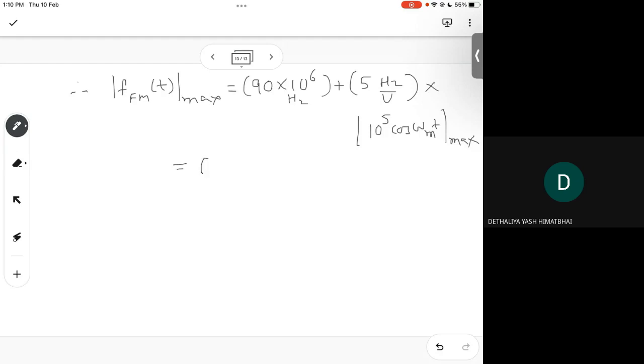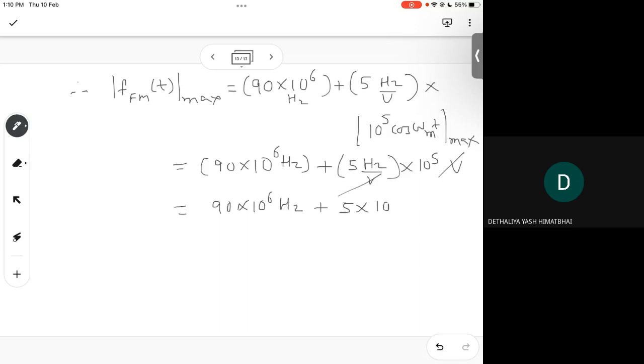So it becomes 90 into 10 to power 6 hertz plus 5 hertz per volt. Okay, I am putting the units also, so it becomes very clear. And the maximum value of cos is 1, so it becomes into 10 to power 5 volt. This will cancel. So basically I got 90 into 10 to power 6 hertz plus 5 into 10 to power 5 hertz, which means I can find out it is 90.5 megahertz. Well, that means 10 to power 6 hertz.